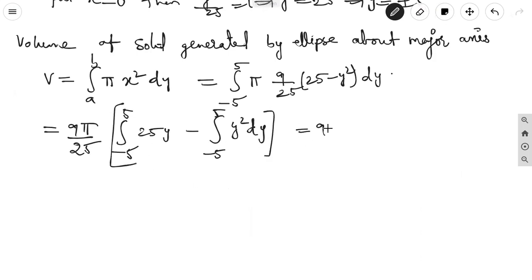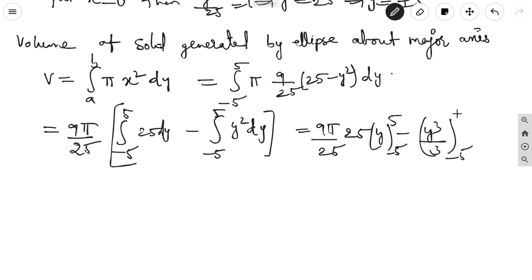That is equal to 9 pi by 25. 25 is a constant; the integral of dy is y, with limits from minus 5 to 5, minus the integral of y², which is y³/3, with limits from minus 5 to 5.